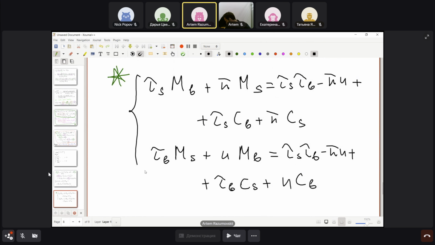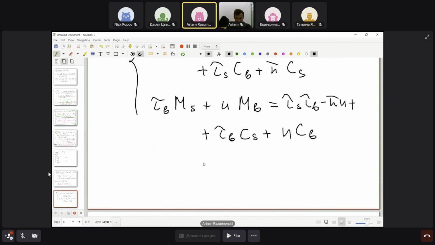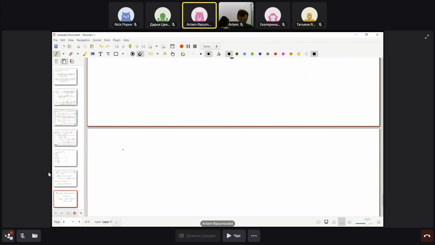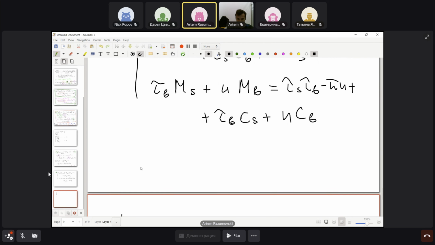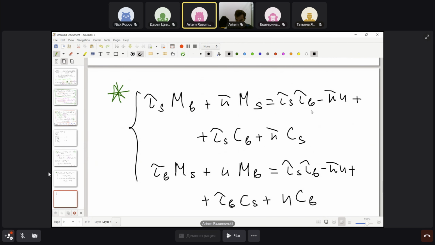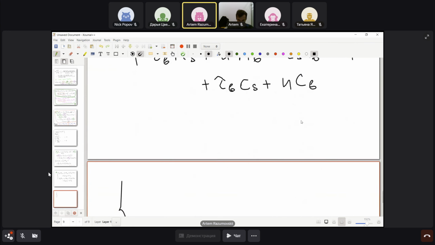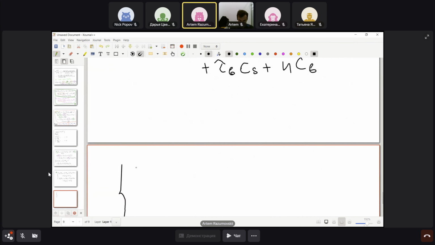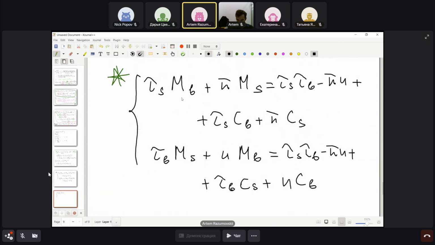So I want to receive that. Okay, let me rewrite it a bit, and then maybe it will be easier. I want to put only tau and p on one side. So we have tau s, tau b minus pu, and then I want to put tau s.